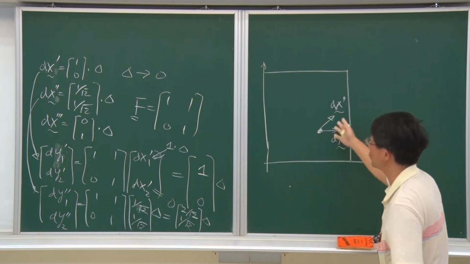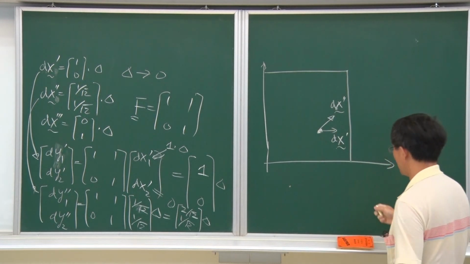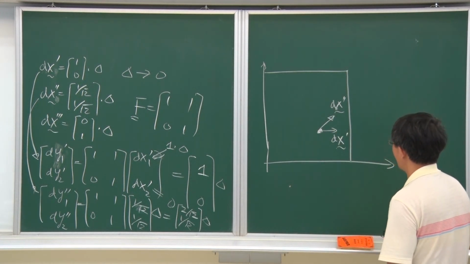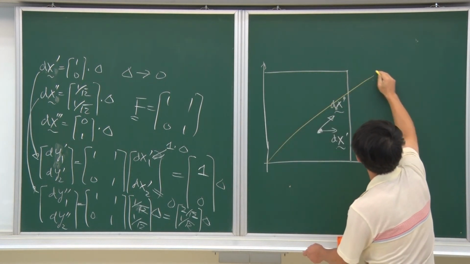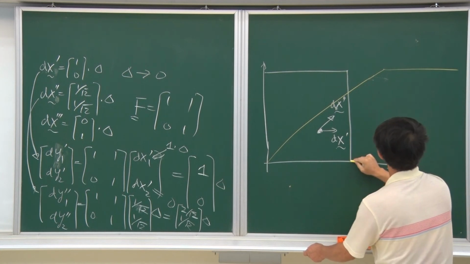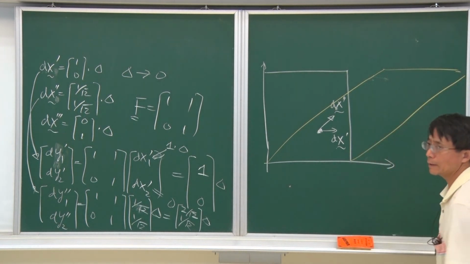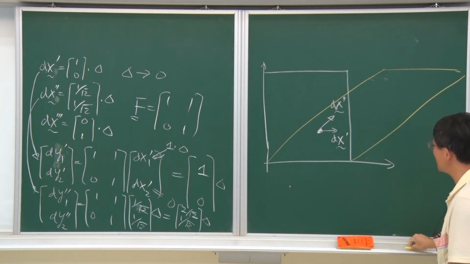We have two material lines and how they deform. You understand that the square plate has been deformed by the shear motion.